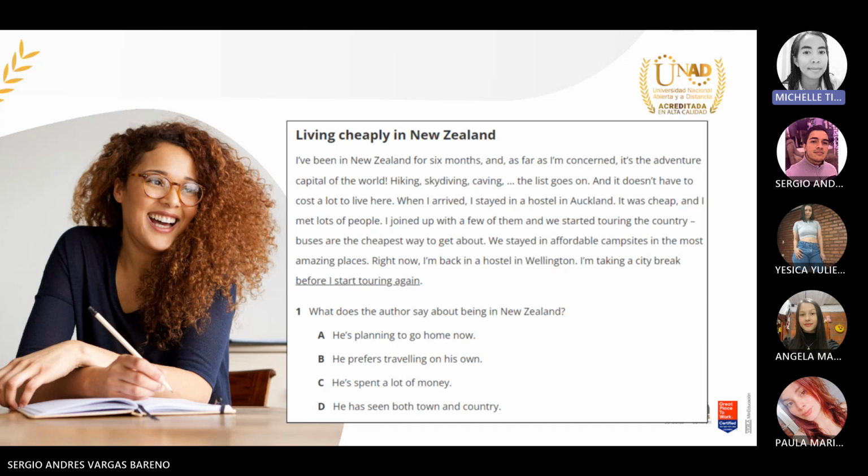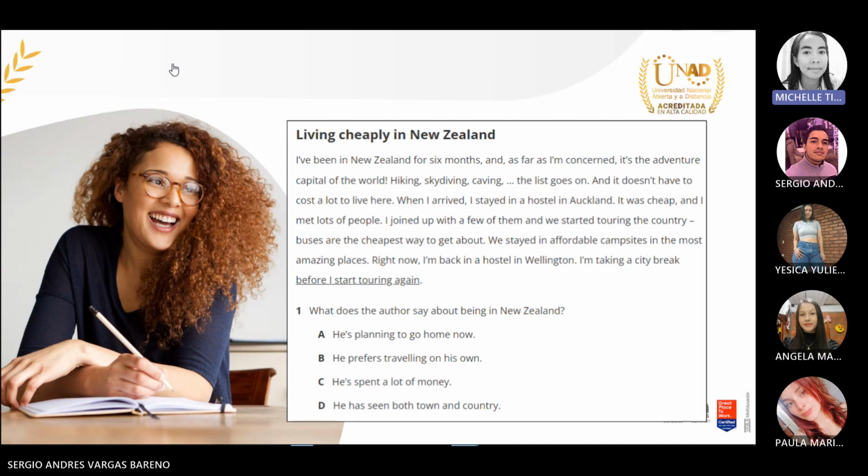When I arrived, I stayed in a hostel in Auckland. It was cheap and I met lots of people. I joined up with a few of them and we started touring the country. Buses are the cheapest way to get about. We stayed in affordable campsites in the most amazing places. Right now, I'm back in a hostel in Wellington. I am taking a city break before I start touring again.